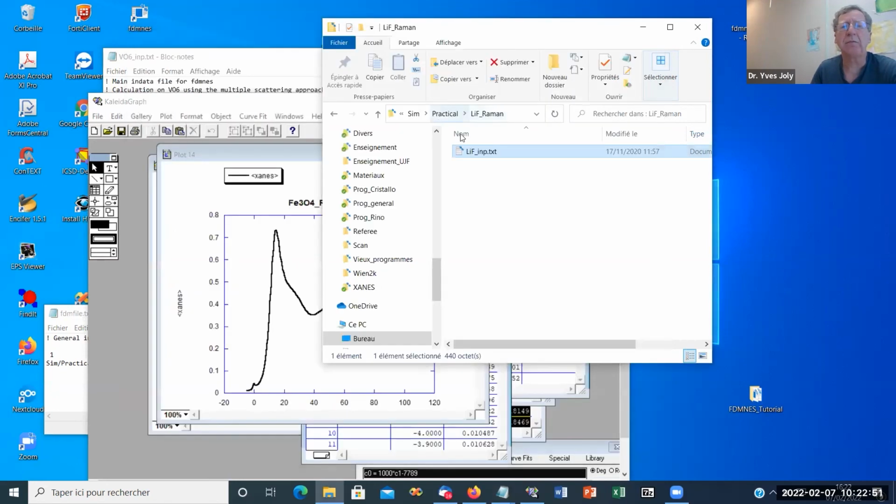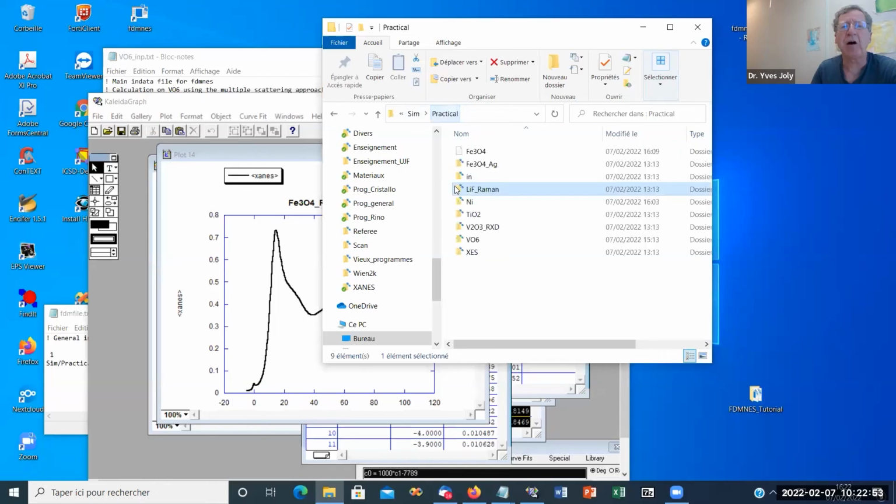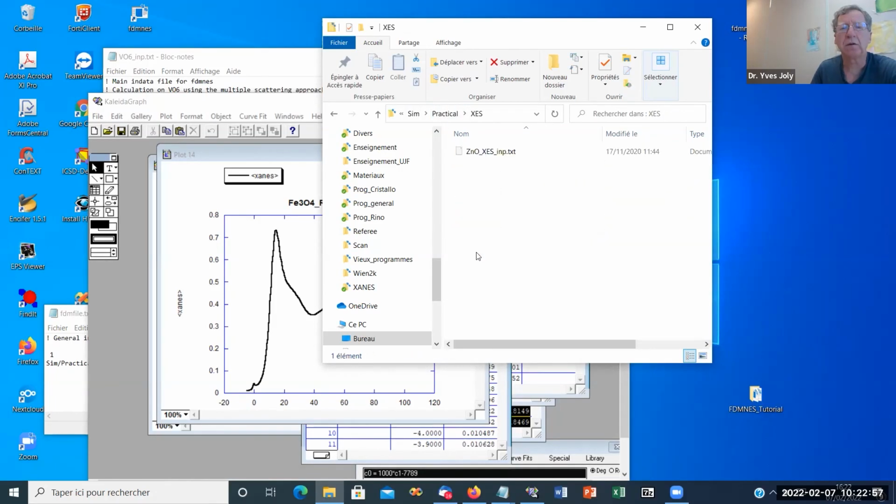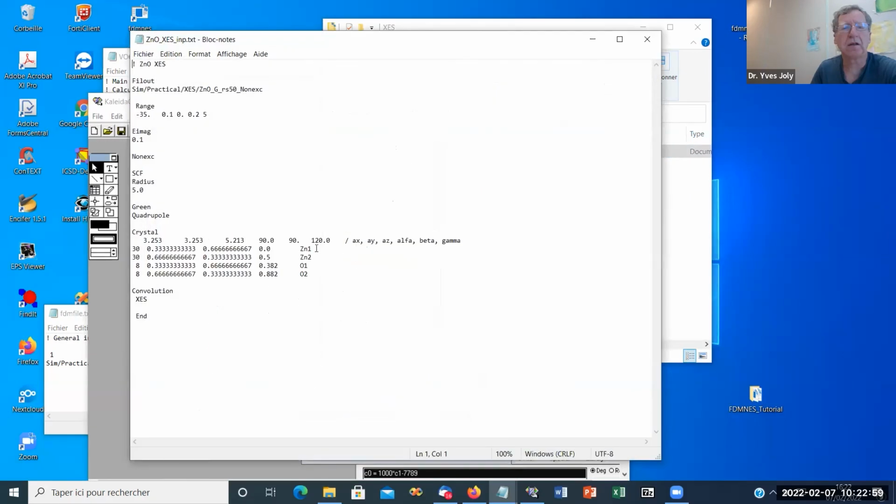Yes, I didn't explain how to make an X-ray resonant calculation. If you want to make X-ray emission spectroscopies, you just have to write the keyword XAS, and you automatically have the emission.